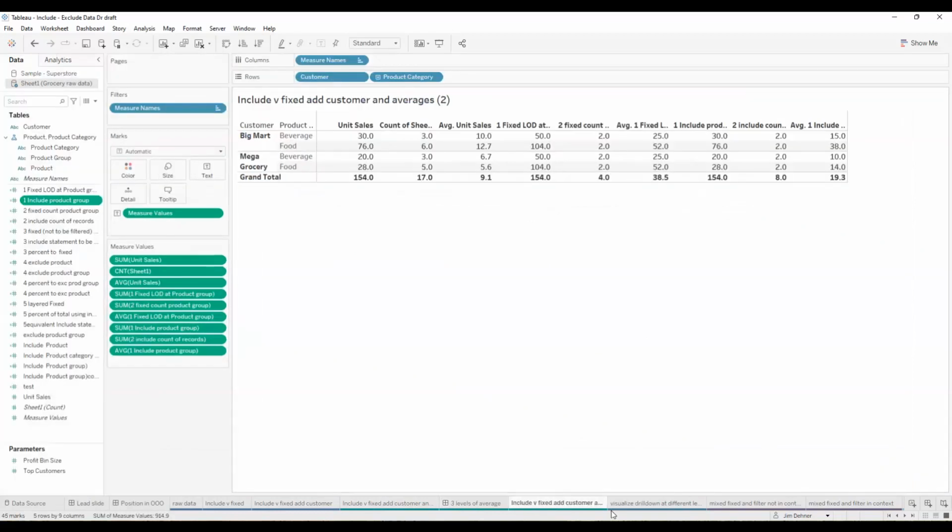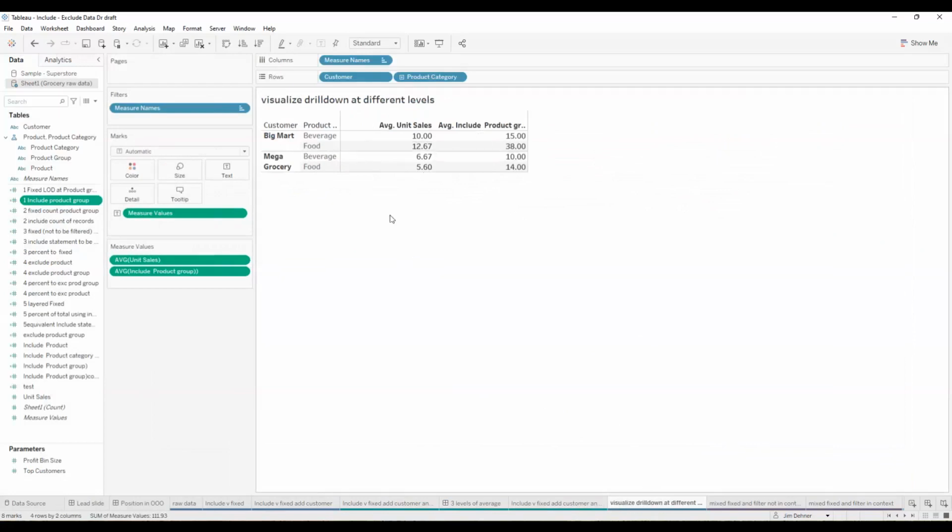We can look at this a slightly different way. And here I'm just looking at the average of the include, and I'm looking at the average unit sales. And I'm just going to throw up here the total unit sales, just for reference purposes. Okay.